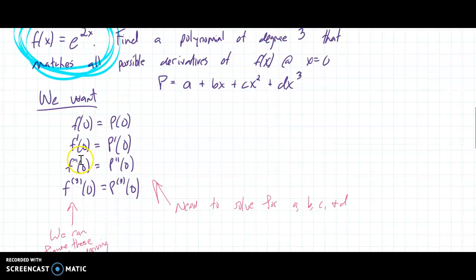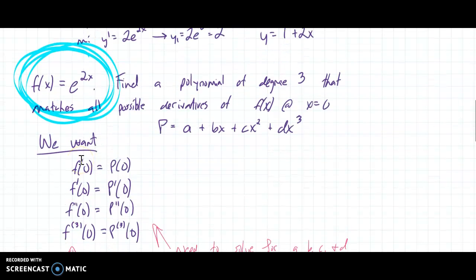I want you to keep in mind that that is our goal. When we're doing all these tests, people sometimes get confused. They're like, wait, what's going on? Why am I doing this? This is the goal. We want to approximate functions. Tangent lines, they ain't good enough. We need to do better.